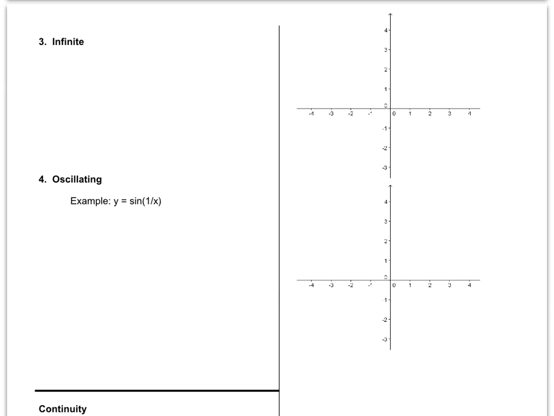For an infinite discontinuity, it is exactly what it sounds like. We are going to have a vertical asymptote here, and a function that approaches that asymptote, and it cannot be continuous because at x equals c, the function does not exist there.